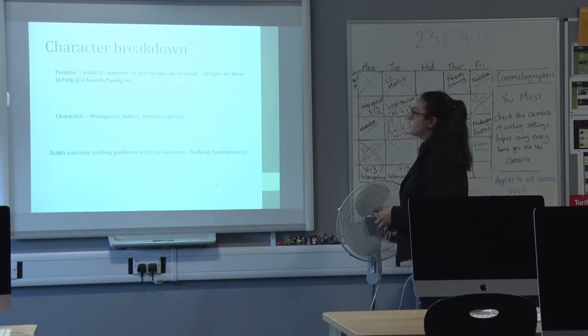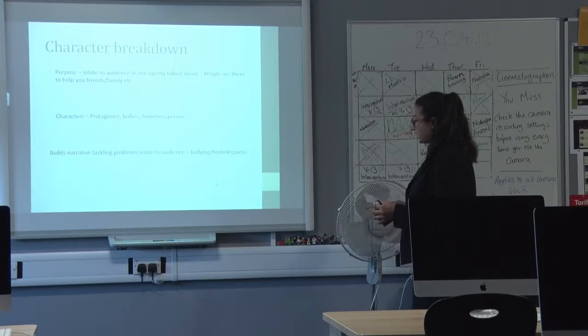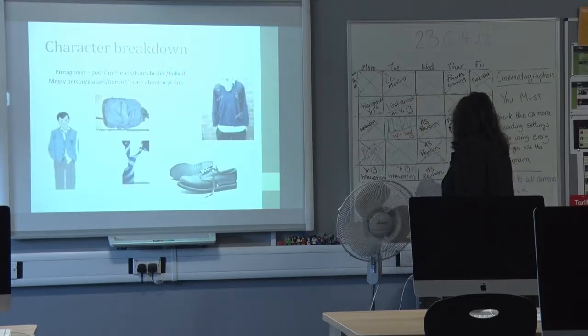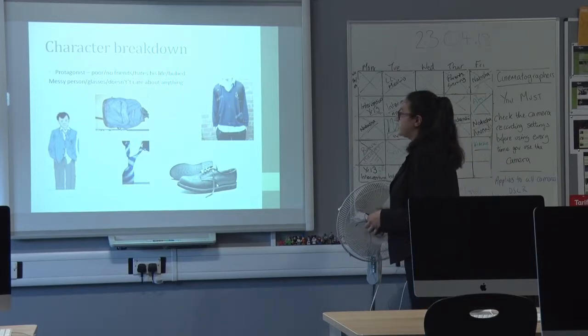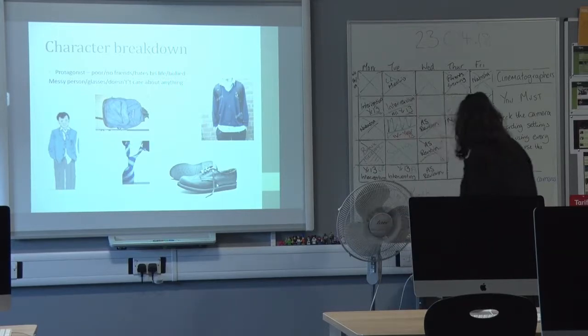So for my character breakdown, I have the protagonist, the bullies, and the homeless person, and these characters all create the narrative. So the protagonist has no friends, he's poor, and he's getting bullied, and he'll be most likely to be dressed like this to reflect his background.